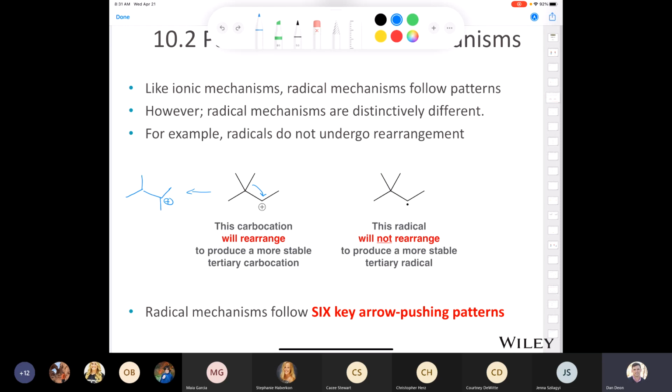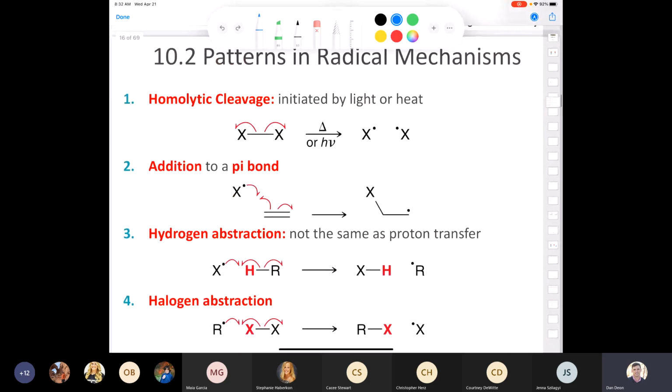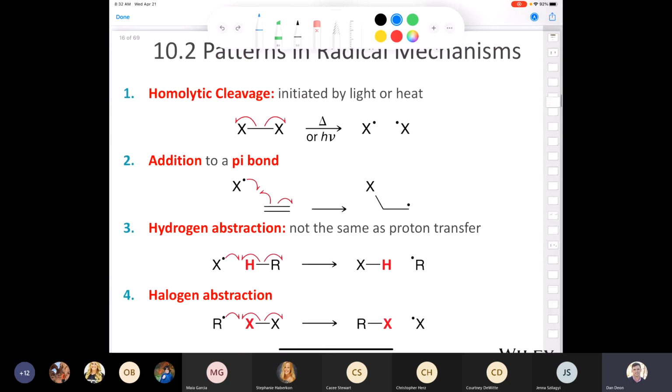But radical mechanisms follow 6 key arrow pushing patterns. And this is something put forth, I would say, by David Klein, the man himself, the person who wrote our textbook. Let's take a look at these 6 key arrow pushing patterns. We're going to start with what we call the homolytic cleavage. Now, we've looked at that quite a bit already this morning, but we haven't talked about what causes homolytic bond cleavages to occur.